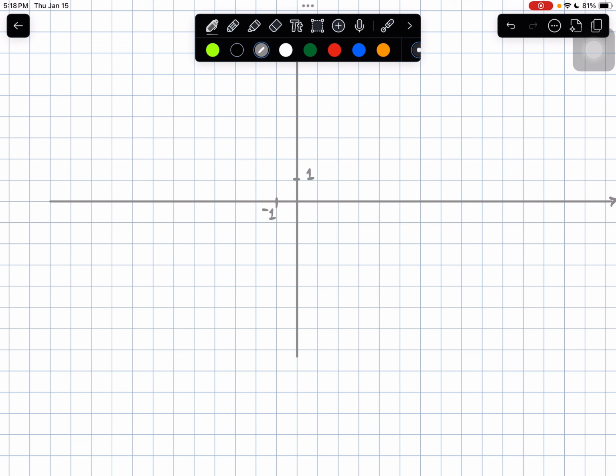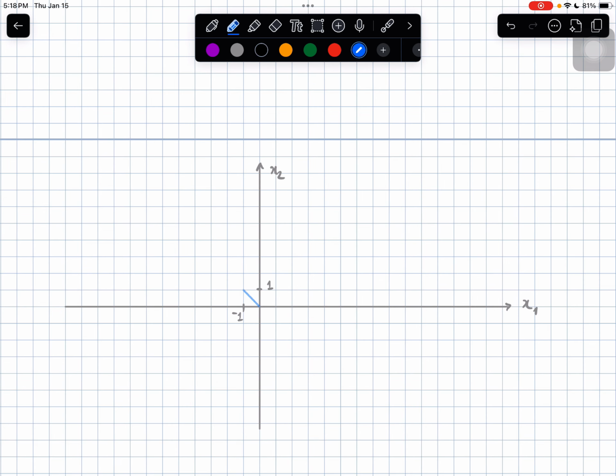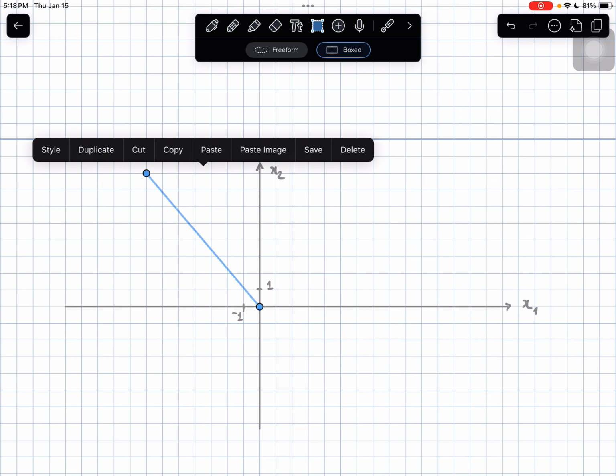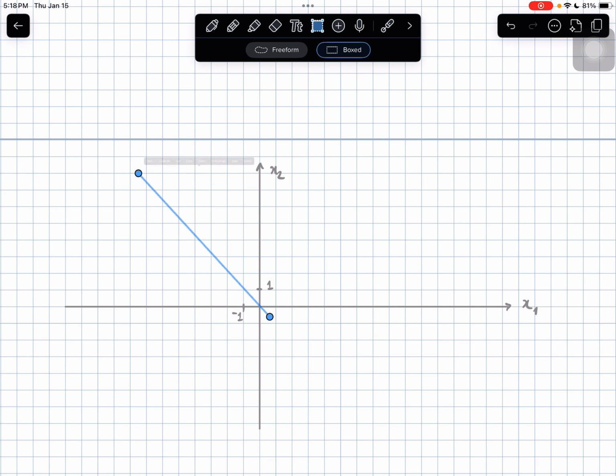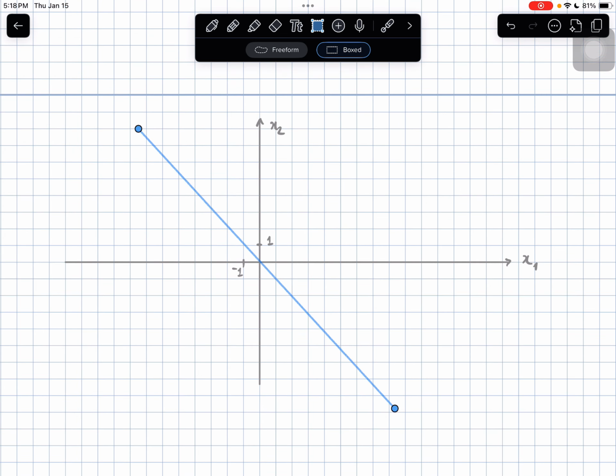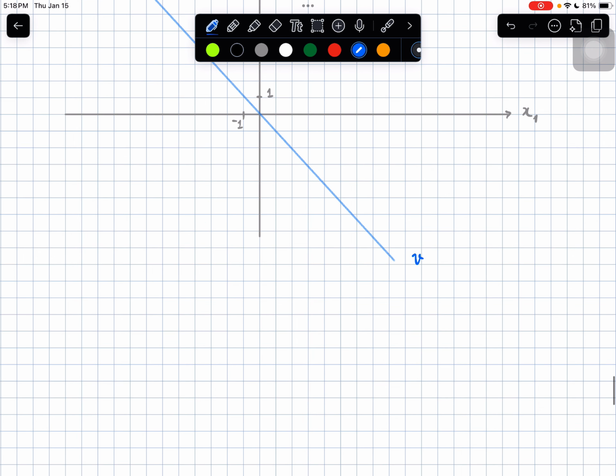This is the eigenspace of v1, minus 1, 1.